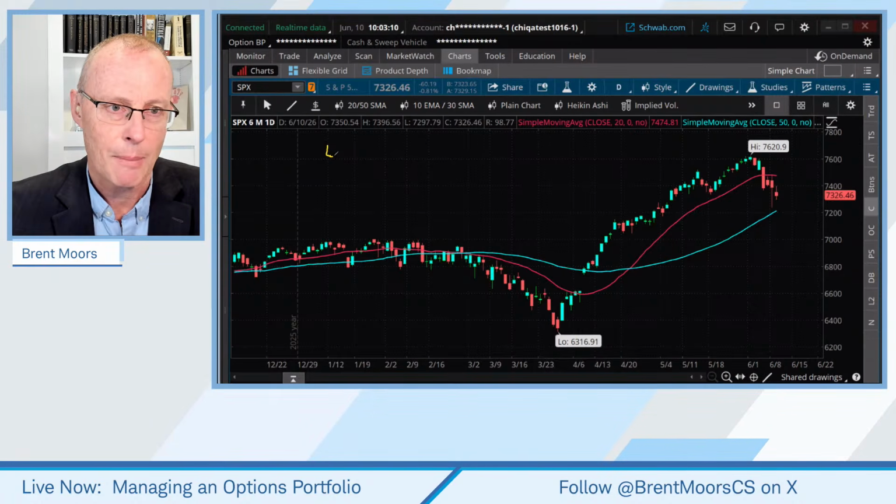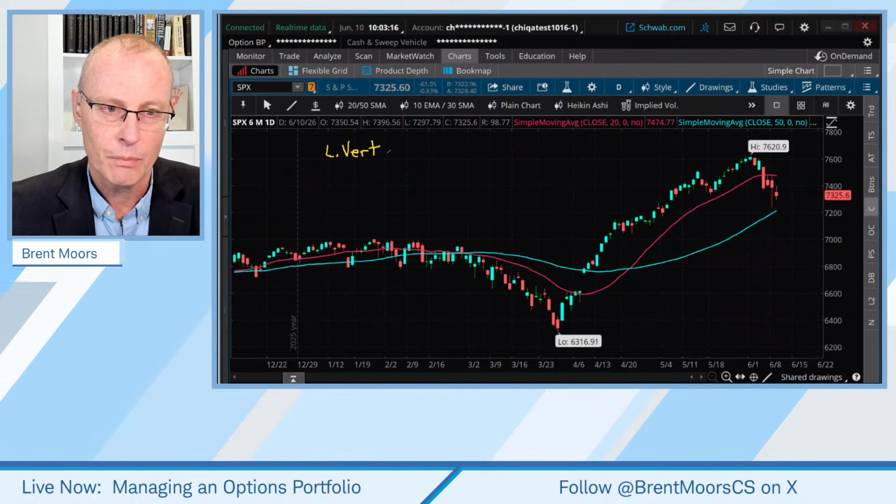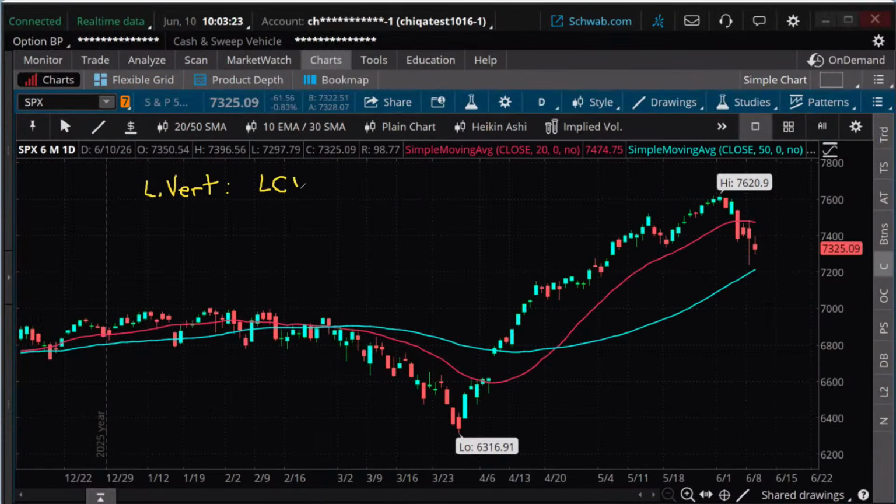If we just talk about long verticals for a second, you can do a long call vertical, which is a long call spread. I'm just going to abbreviate it long call vertical. We're going to buy a call, or do a long call, you could call it either way. You're going to buy a call at a certain strike price and sell a call at a higher strike price.